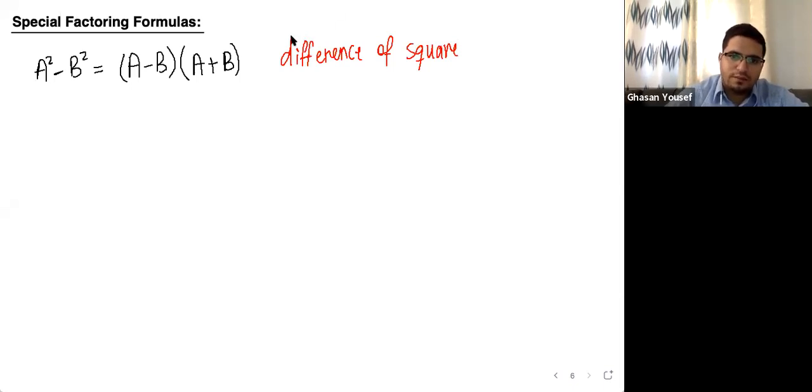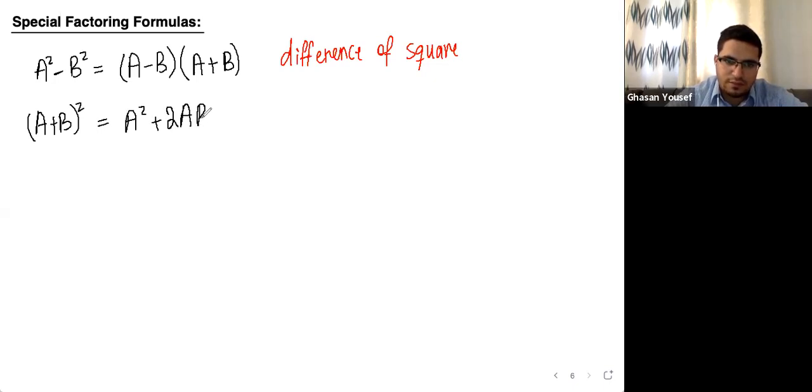Second formula is a plus b, everything square. This is equal to the first term square plus 2 times a times b plus b squared. This is called perfect square.